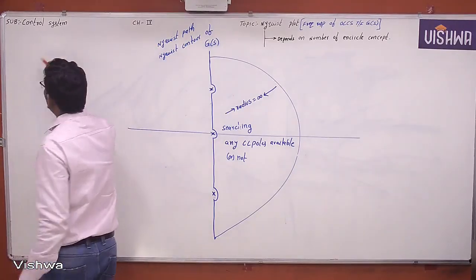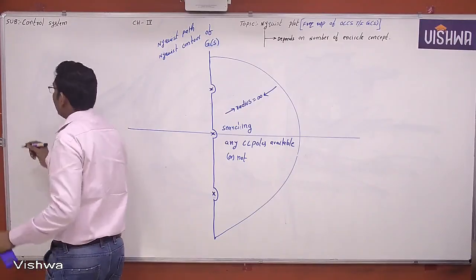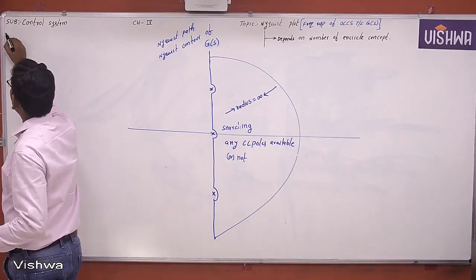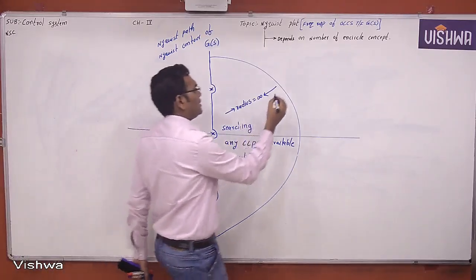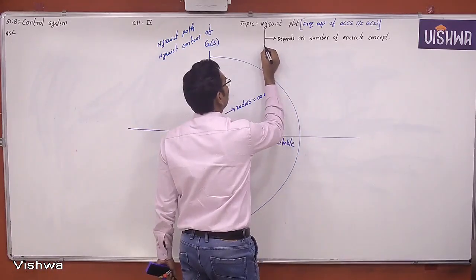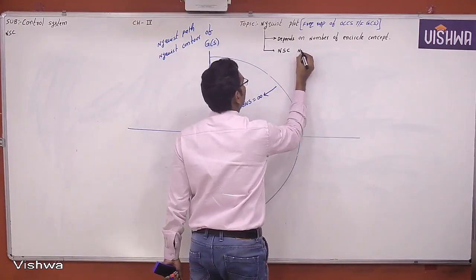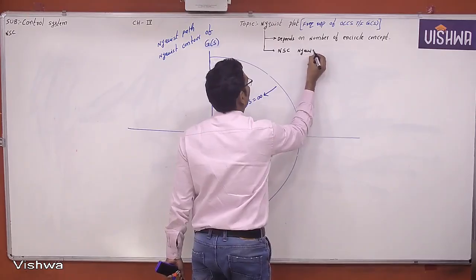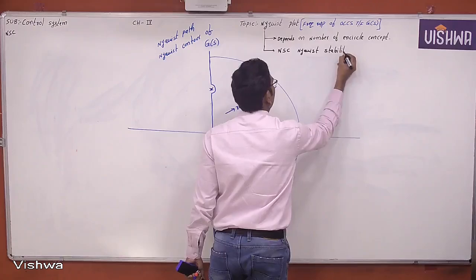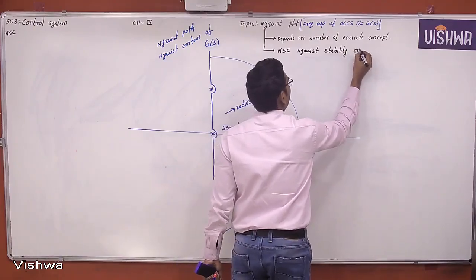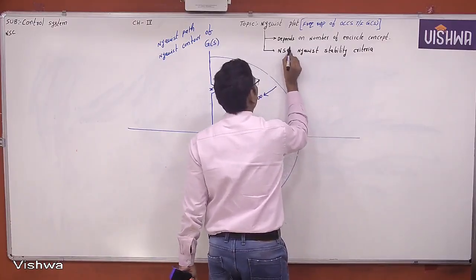According to Nyquist plot analysis, this is called the Nyquist stability criteria, NSC. I am already saying Nyquist implements his own method.